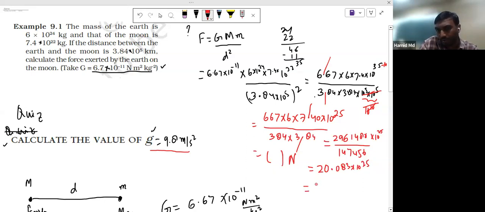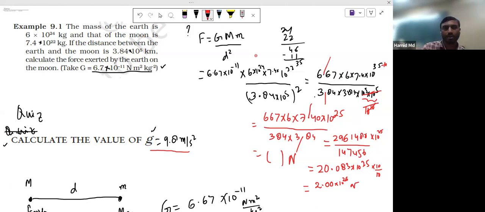So what final will we be doing? 2.0 dash. For that, I have to multiply it by 10 and divide it by 10. So it will be 10 raised to the power 26 Newton. Clear? Yes, sir. So you have to do the practice.